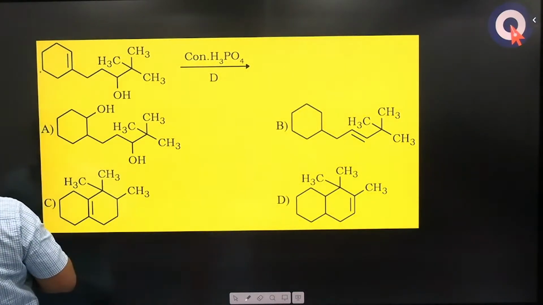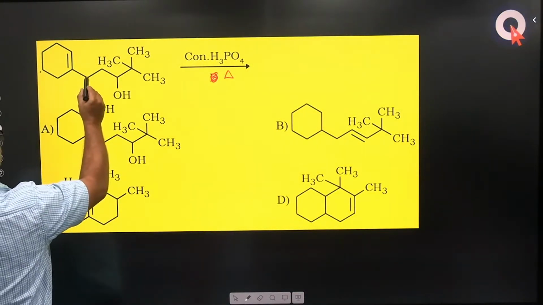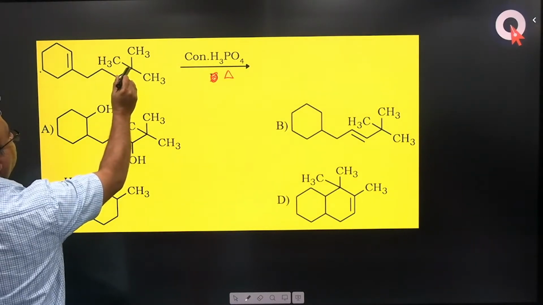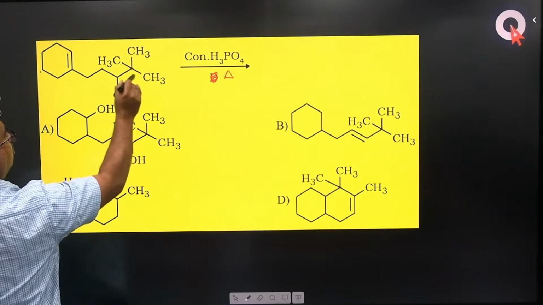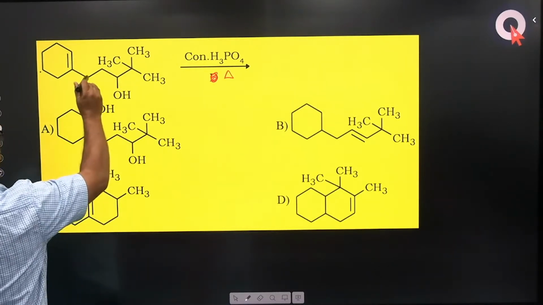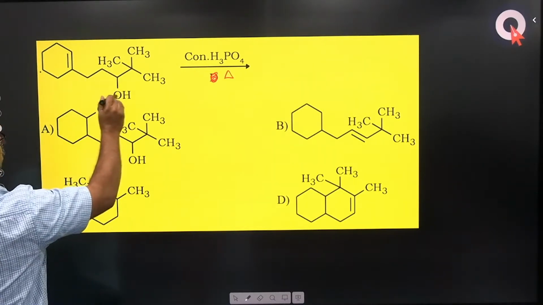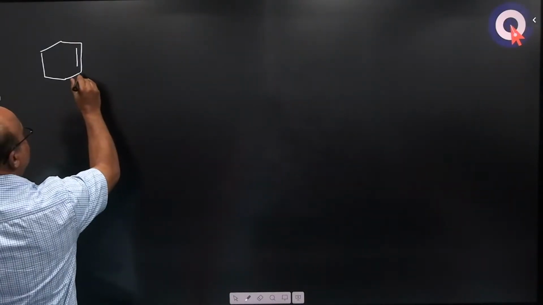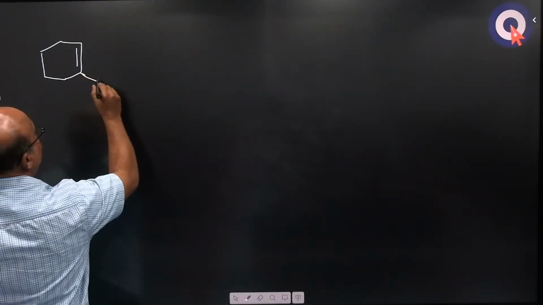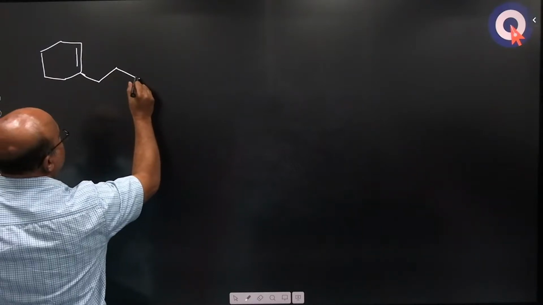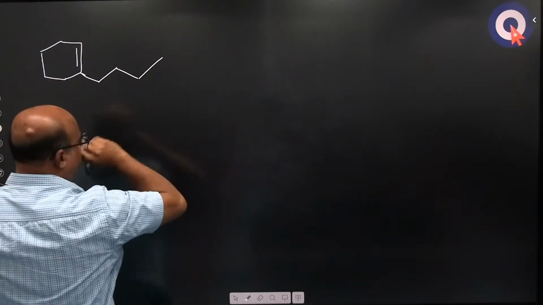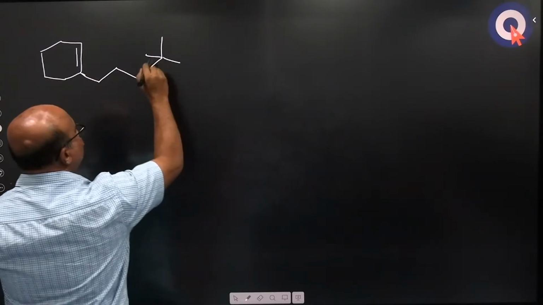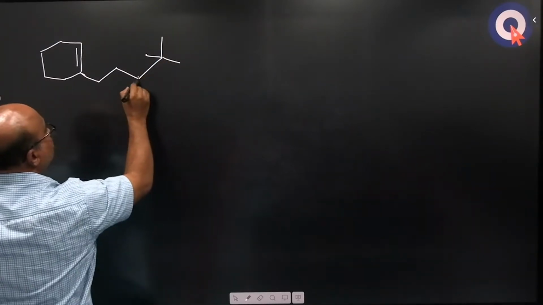Then if you see the structure, 1, 2, 3, 4. So at this 4th carbon we have two CH3 groups. So 1, 2, 3, the third carbon has an OH group. So 1, 2, 3, 4. So there is a CH3, CH3, CH3. This is an OH.